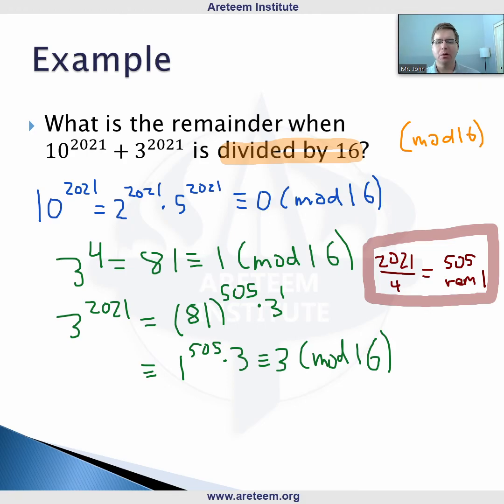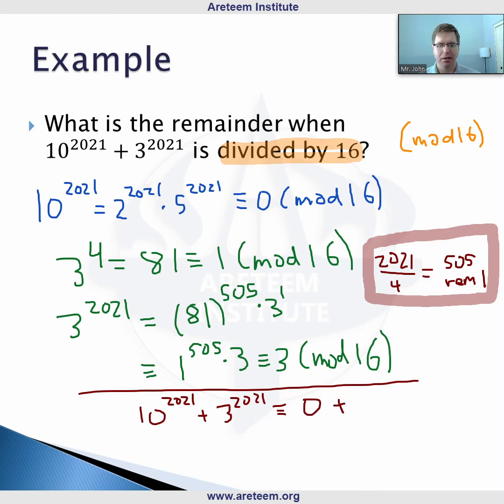So what about our original expression then? Now we're ready to finish everything up for our final answer. When we write everything out, 10 to the 2021st power plus 3 to the 2021st power is congruent to, when we're doing mod 16, our first power we said was 0. 10 to the 2021st was 0 mod 16. 3 to the 2021st is 3 mod 16.